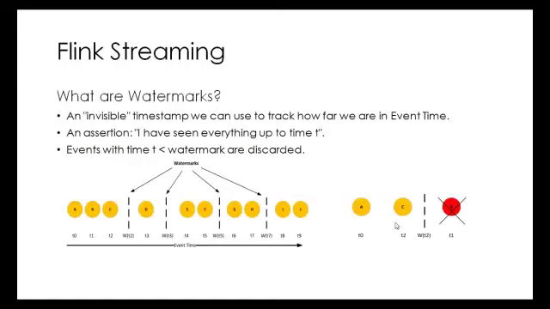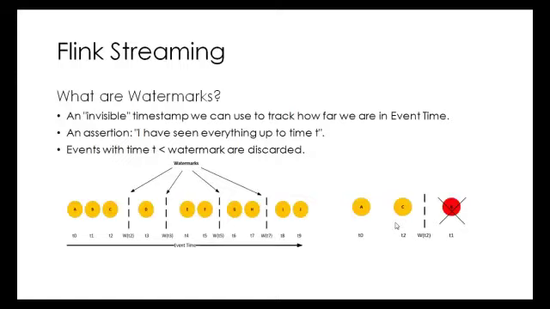You can also think of them as an assertion. A watermark of time t says, I've seen everything up until that time, and if I see an event after that time that is less than me, but it comes after I've already declared that this watermark has been reached, I'm going to throw it out. So that's what you see on the right-hand side.